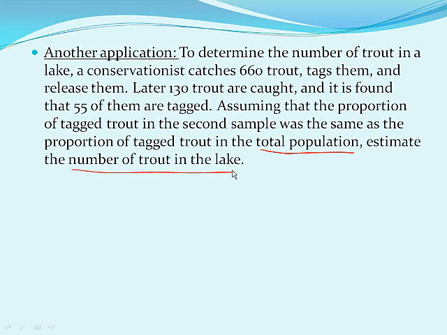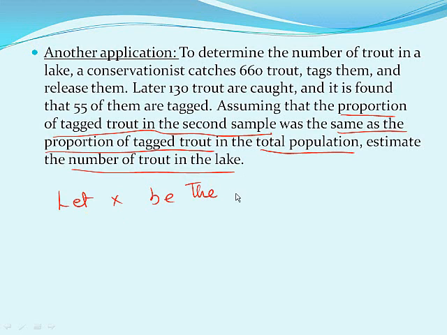So here we are assuming that the two proportions are the same. The proportion of tagged trout in the second sample is the same as the proportion of tagged trout in the total population. Let x be the number of trout in the total population.